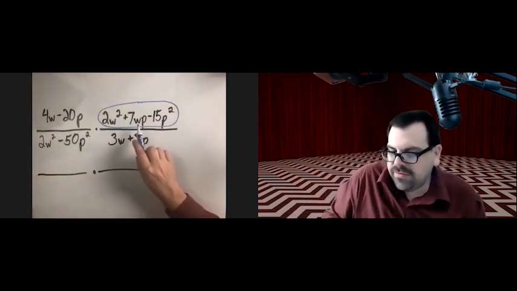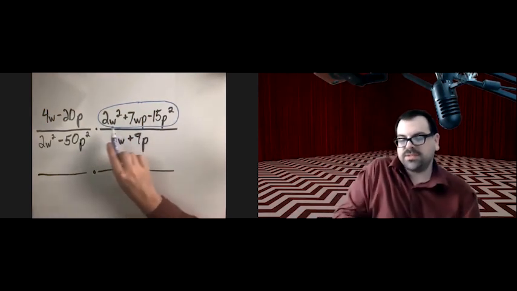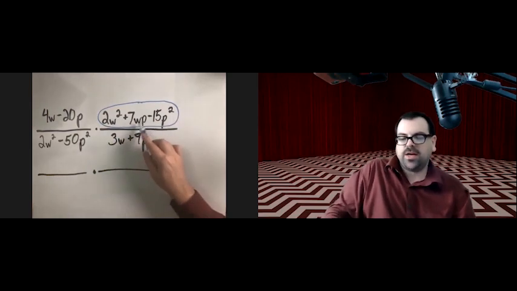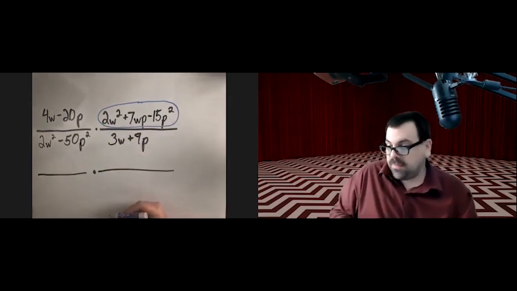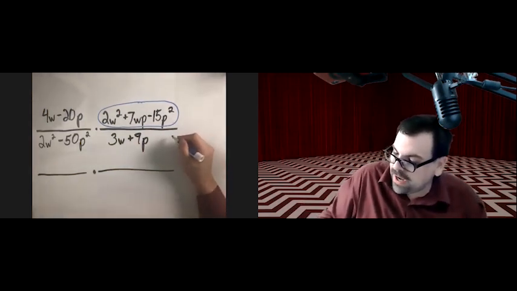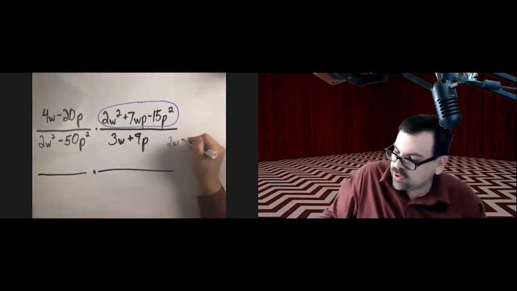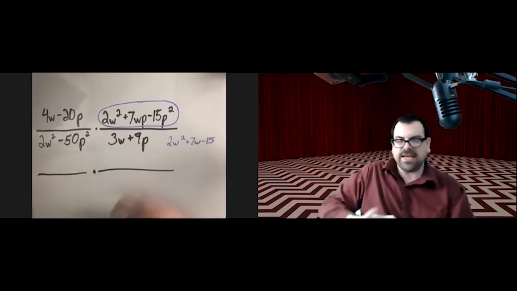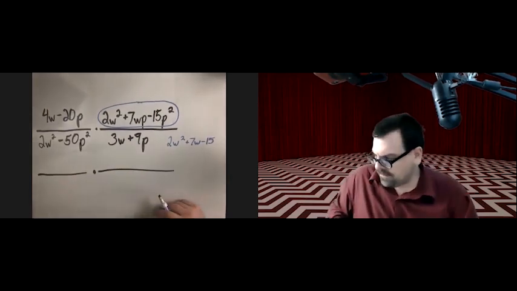Recall that if we have two variables spread out with a w squared here, a p squared there, and both w and p in the middle, we want to think about 2w squared plus 7w minus 15. I'm taking the p out of it completely.